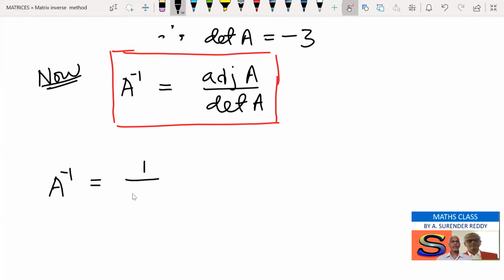So 1 by minus 3, the determinant, into the adjoint matrix: 6 minus 5, 1, minus 15, 8 minus 1.